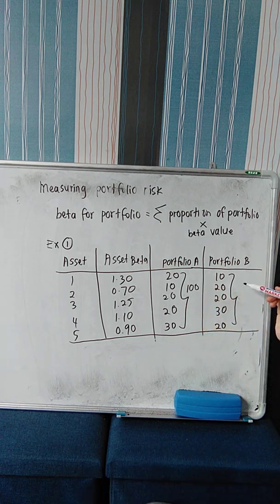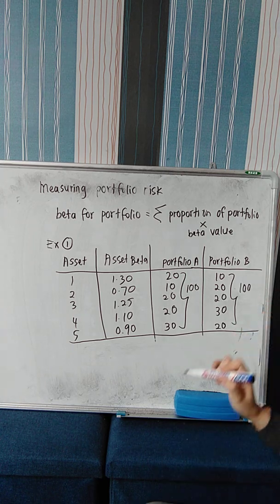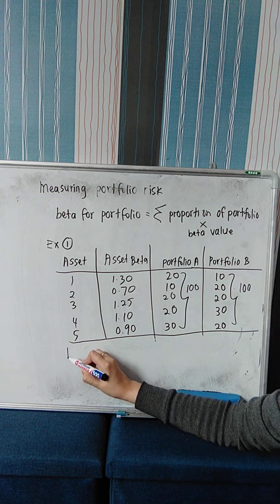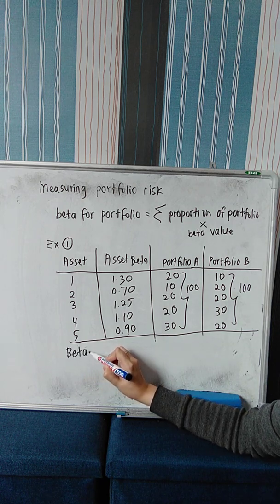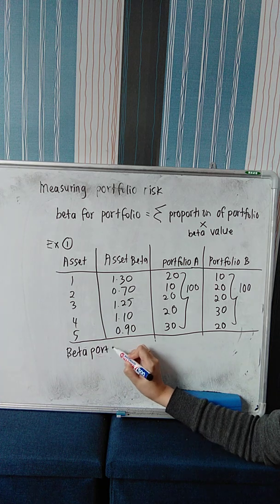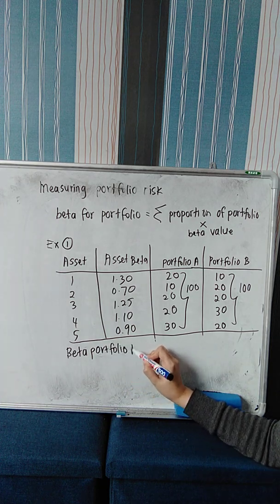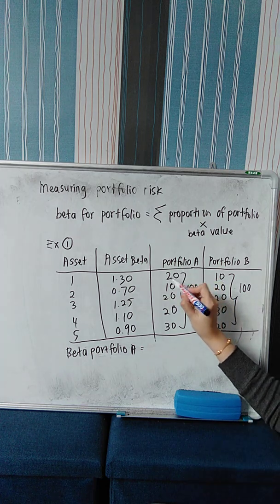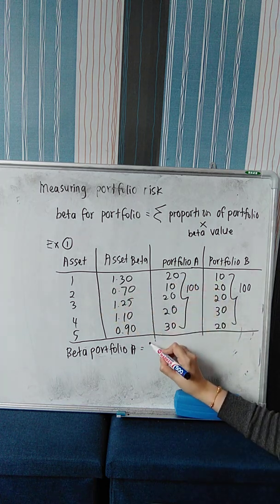For here, 10 plus 20 plus 20 plus 30 plus 20. The answer also 100. Okay, so we start to calculate beta portfolio A.